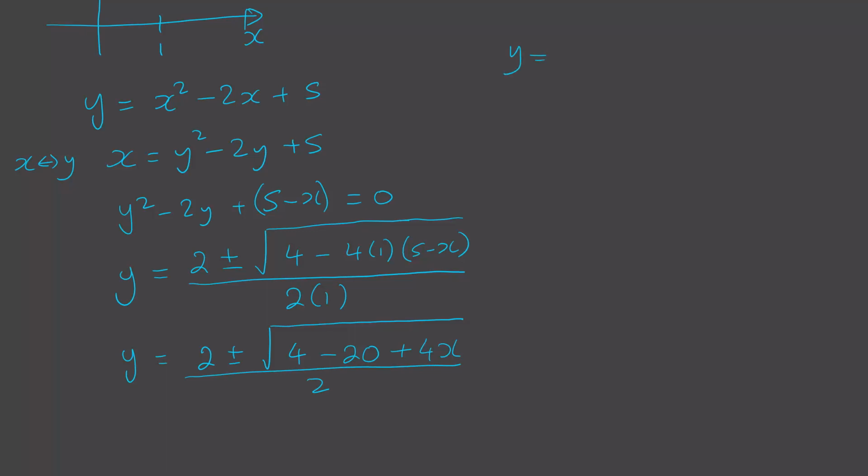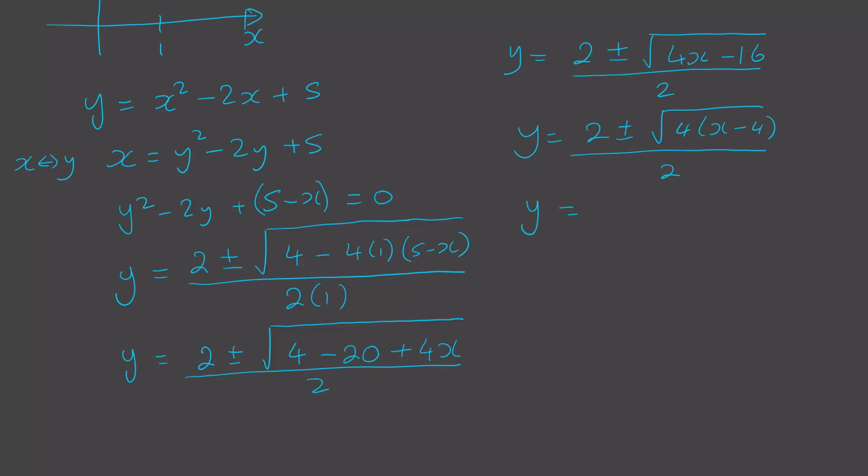So y is going to be 2 plus or minus the square root of 4x minus 16, all divided by 2. And we could take a 4 out up here and have x take away 4 there, divided by 2.